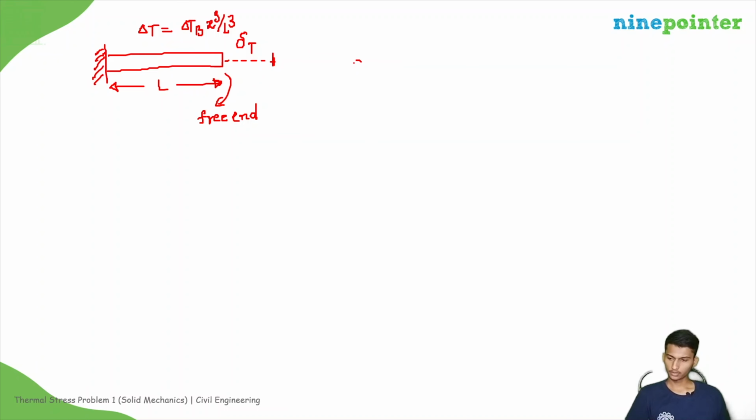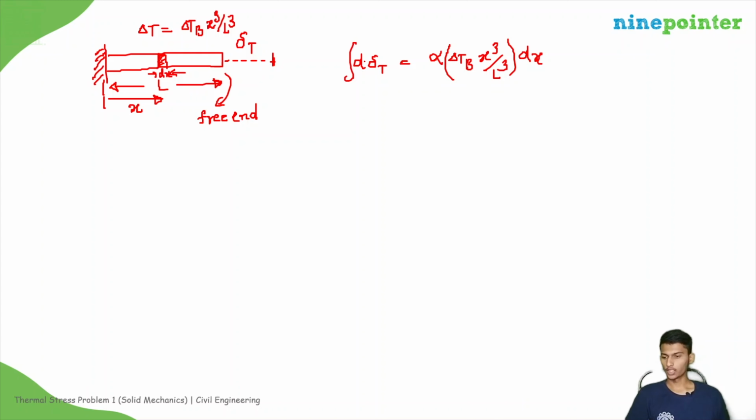If you consider a small element of length dx at a distance x from here, then d(del T) will be given by alpha delta T, that is alpha delta T_B x cubed divided by L cubed, into the length dx. Then the whole del T will be the integration from 0 to L, which gives alpha delta T_B x to the power 4 divided by 4L cubed. That gives alpha delta T_B L to the power 4 by 4L cubed.